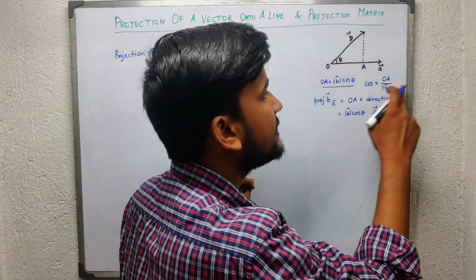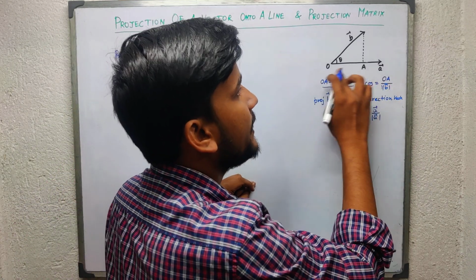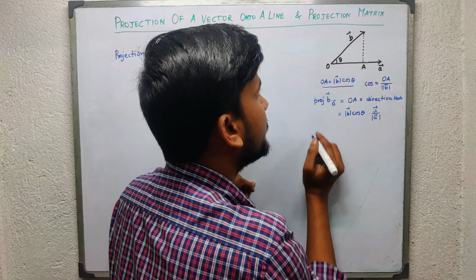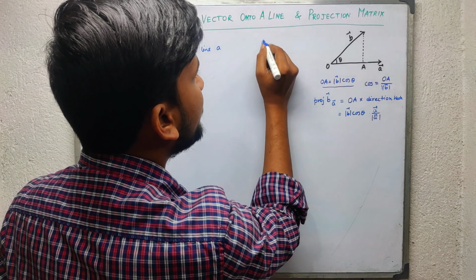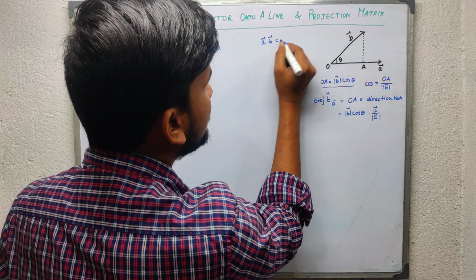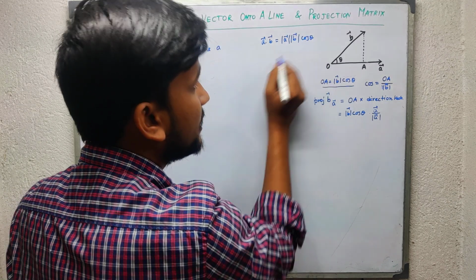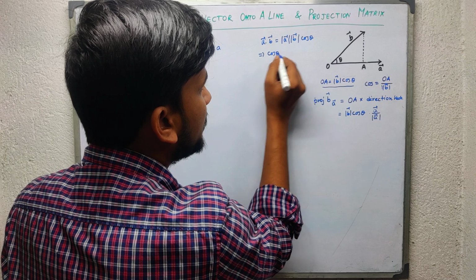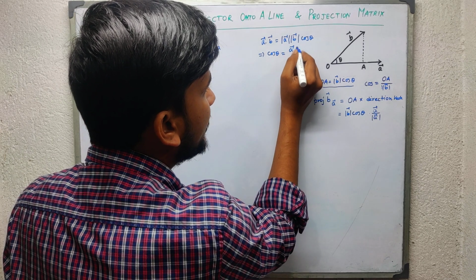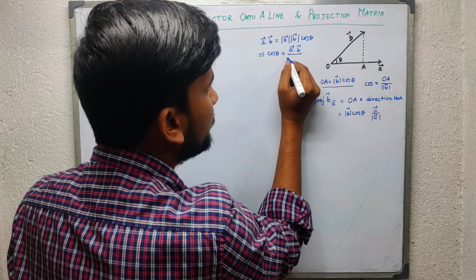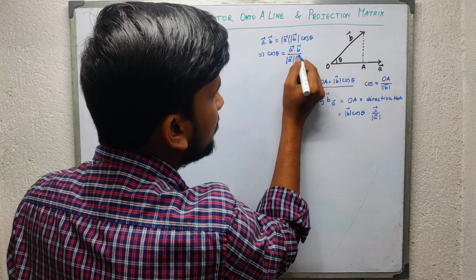Now what is the value of cos theta? If a is the vector in this direction and b is the vector in this direction, then we can definitely write a dot b equals mod a mod b cos theta. That means from here cos theta equals a dot b by mod a into mod b.